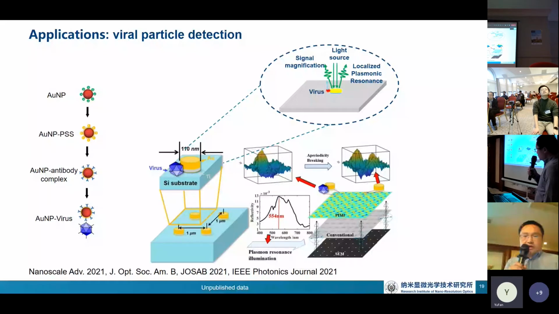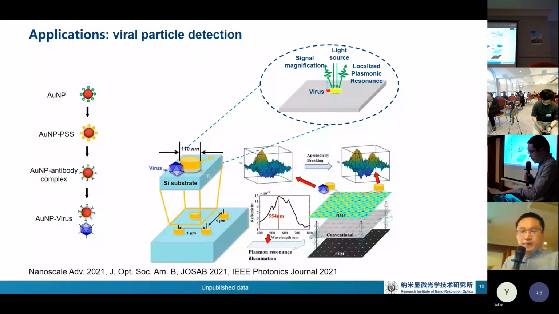When the gold nanoparticle is connected with a virus particle, the diffraction symmetry will be broken. Then we can use this broken symmetry to sense the viral particle.